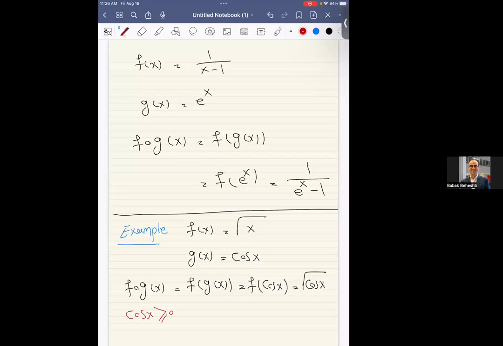Let me draw cosine just quickly. Just a sketch of cosine x. So on what interval is cosine greater than 0?